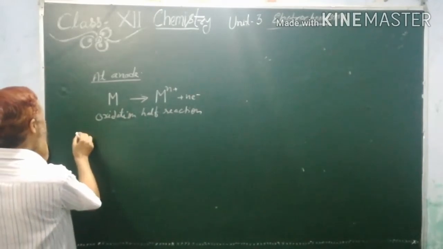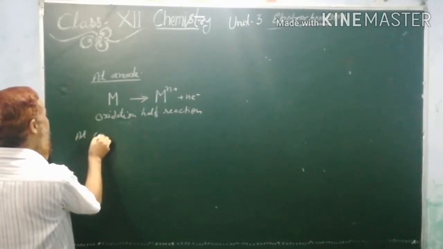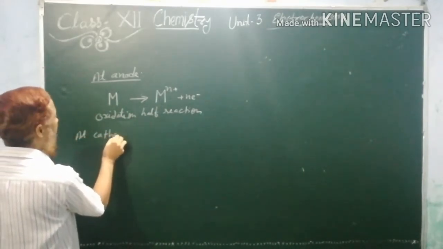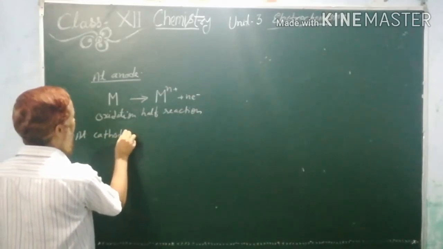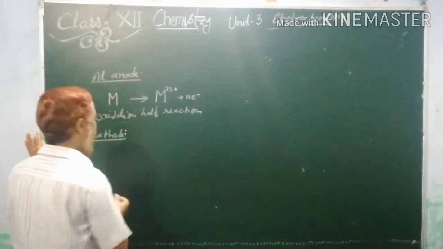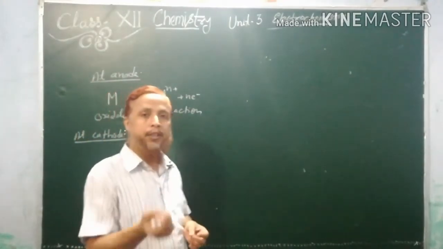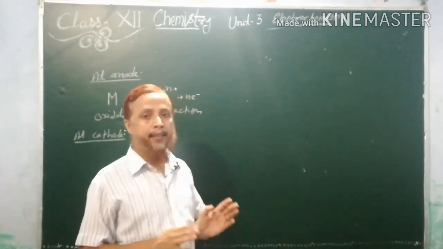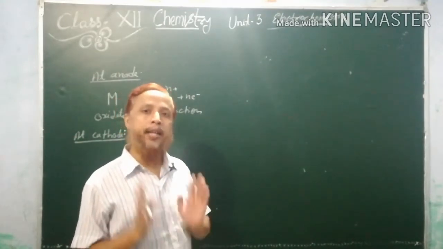At the same time, at the cathode, from the solution, metal cations after getting electrons get discharged and deposited at the cathode.